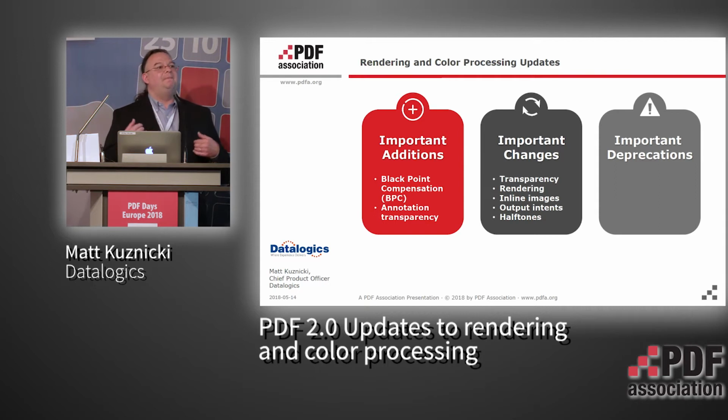But what I want to emphasize is that while I'll be talking about some changes to the specification, by and large, PDF 2.0's rendering and its color processing takes most all of its cues from PDF 1.7 and from earlier PDF versions.